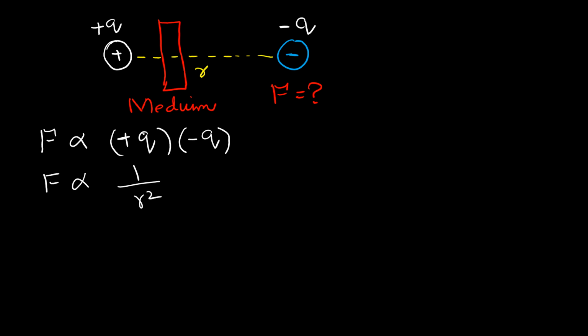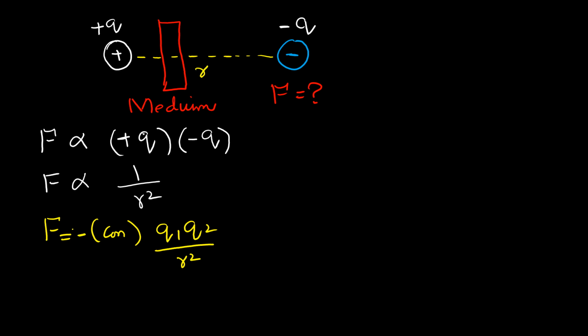So if we combine these two, the Coulomb force becomes F is equal to a constant, and we can write a minus sign here, into Q1 Q2 divided by R square.